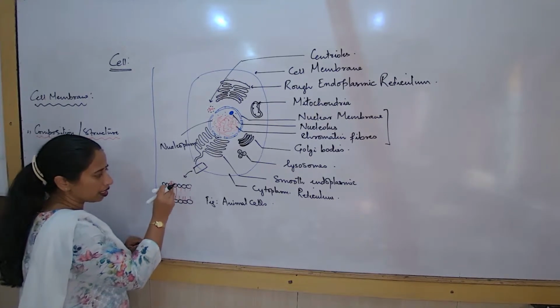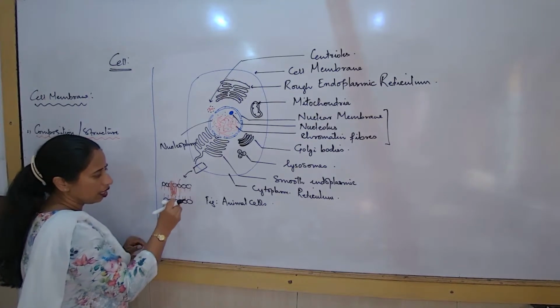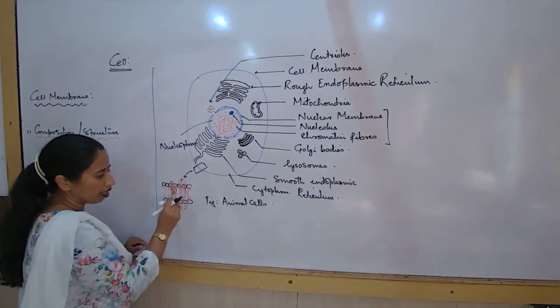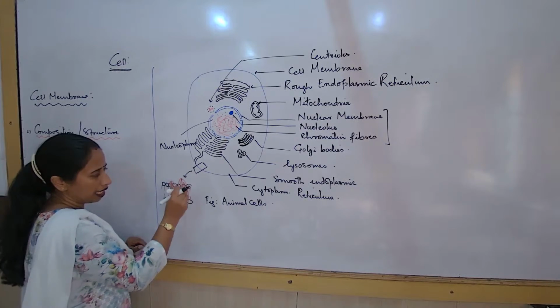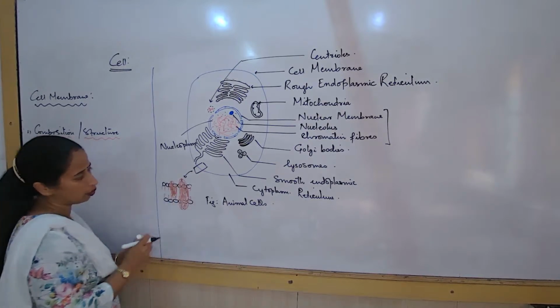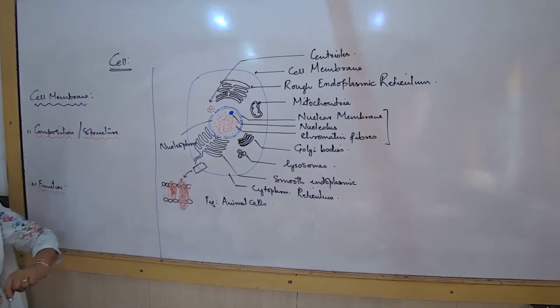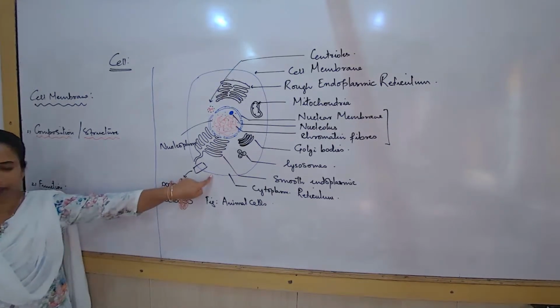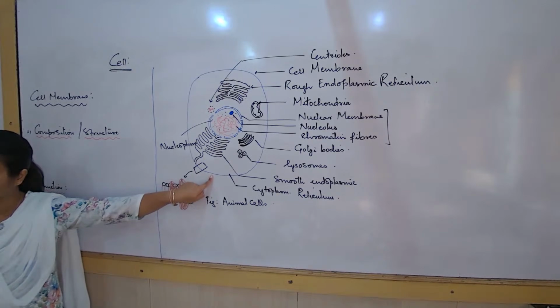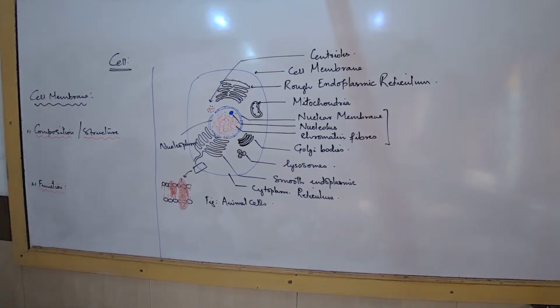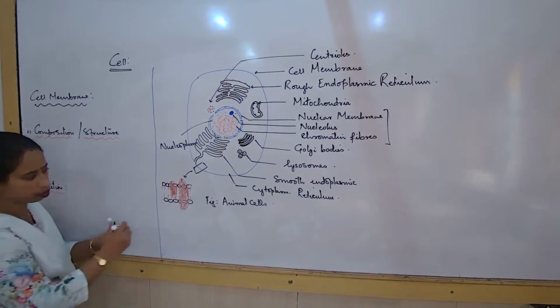In between there are some proteins like this, which are long enough to span the entire width of the membrane, and some would be just partially present. If you magnify this thin layer, we come across so many different types of proteins.